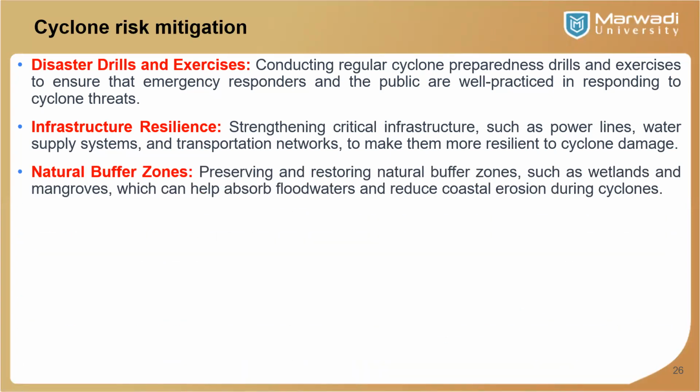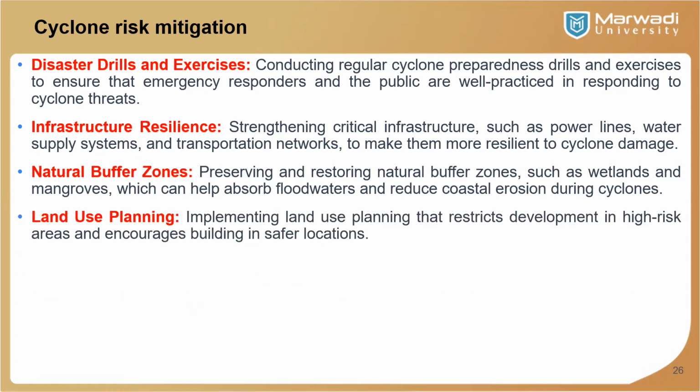Natural buffer zones, as we also discussed during hazard mapping for cyclones in the first module: preserving and restoring natural buffer zones such as wetlands and mangroves, which can help absorb flood waters and reduce coastal erosion during cyclones. So they can reduce the speed or intensity of the wind blowing towards a particular area or community.